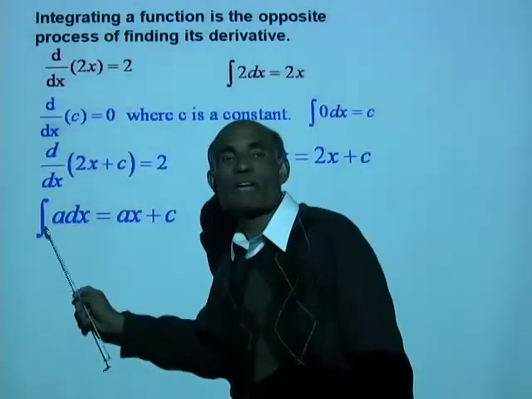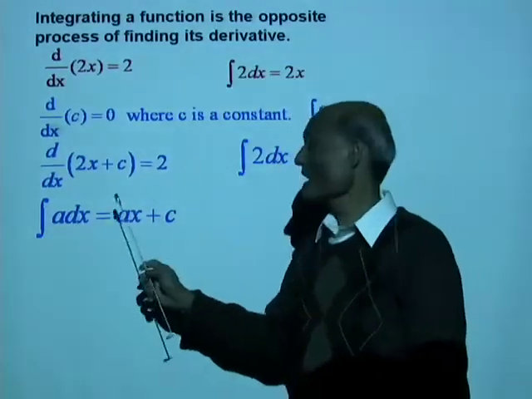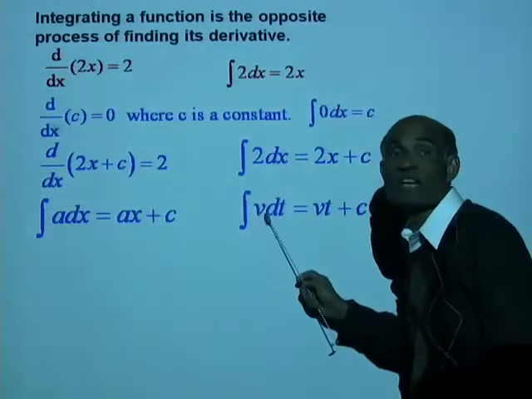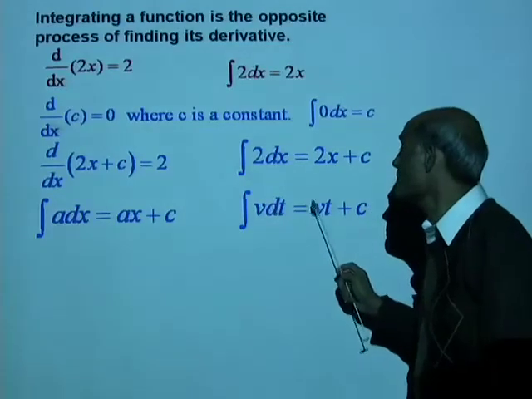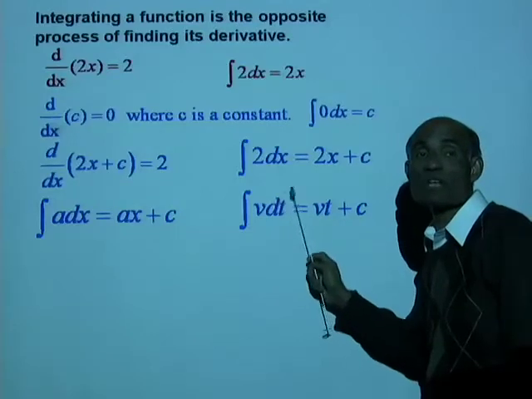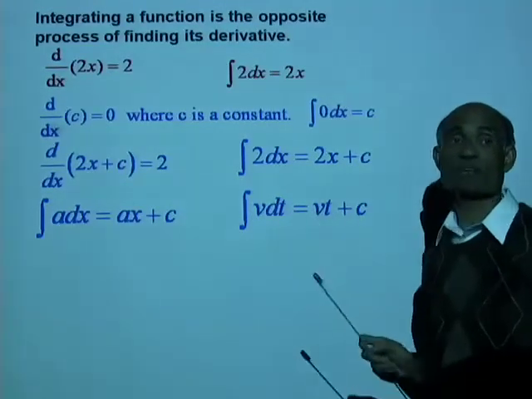In general, the integral of a dx is ax plus c, an important result. The integral of v dt, here v is a constant, it's a number, is vt plus c. This time the independent variable is t.